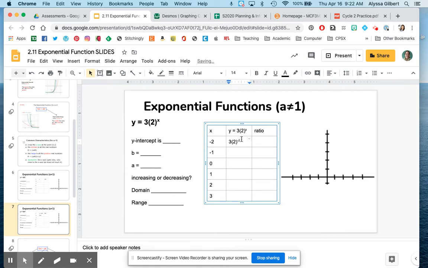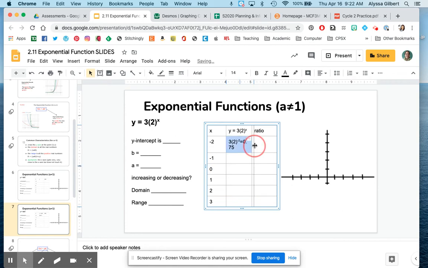Okay. And then if we put that into our calculator, 2 to the negative 2, remember that's 1 over 2 squared. So 2 to the negative 2 is a quarter, or 0.25, times 3 is 0.75.